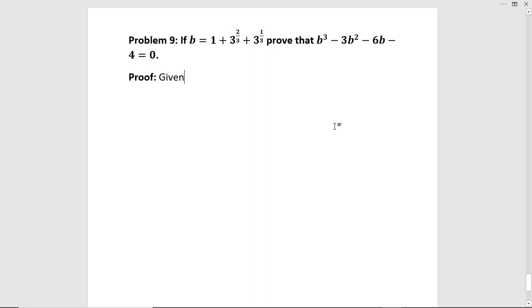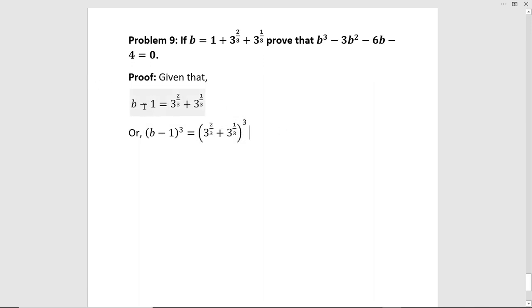So proof: given that b equals 1 plus 3 to the power 2 by 3 plus 3 to the power 1 by 3. So we have taken this 1 at the left side and we will get b minus 1 here. So then we can take the cube on both sides.